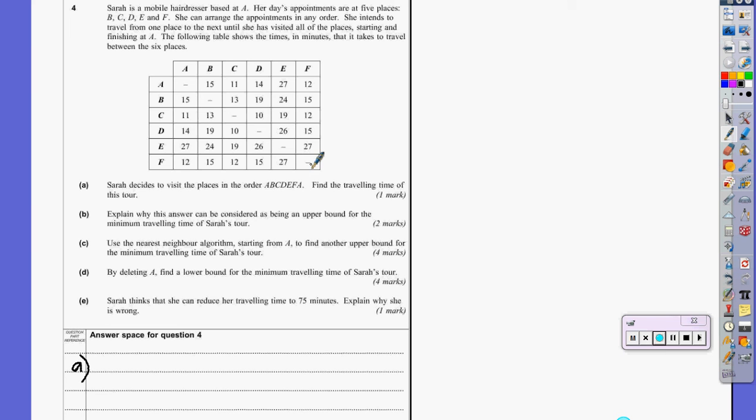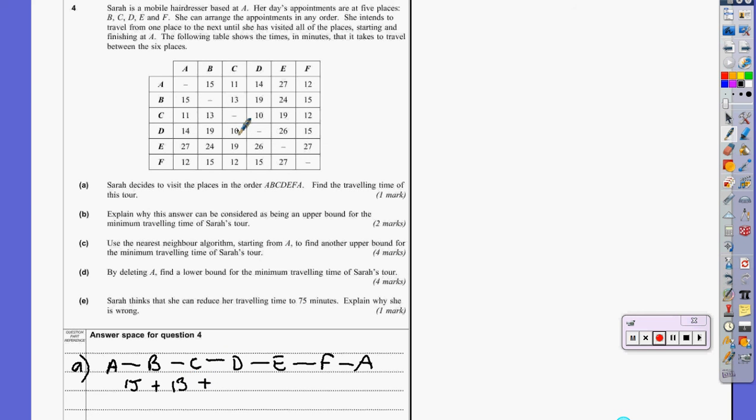So it's easier for me to write A to B to C to D to E to F to A. Personally, so I've written that down, A, B, C, D, E, F, A. So from A to B is 15. From B to C is 13.